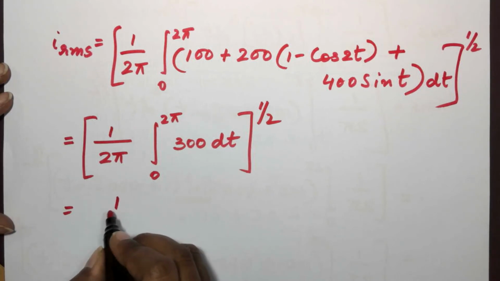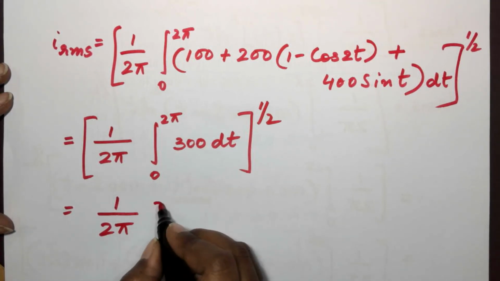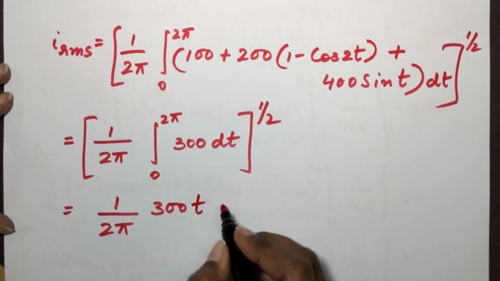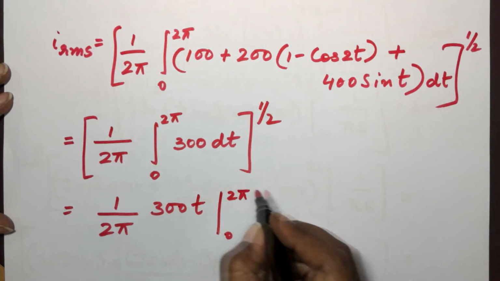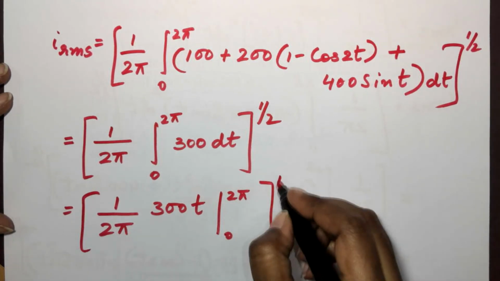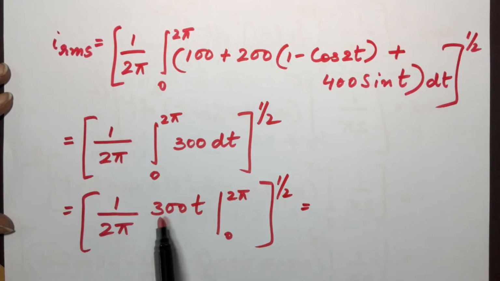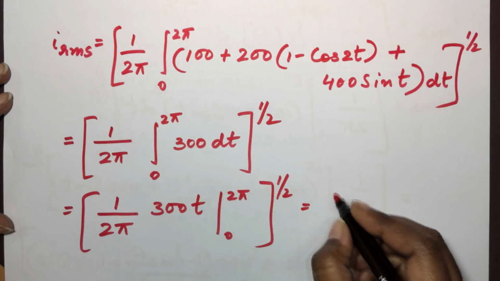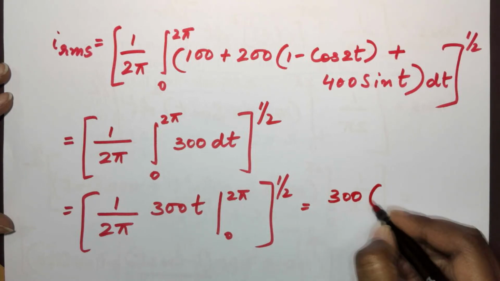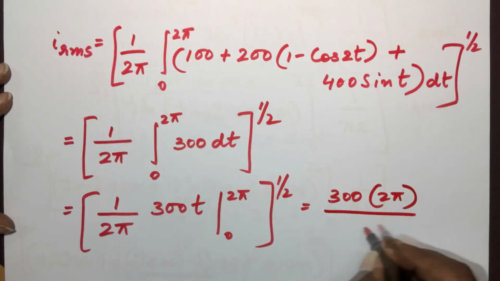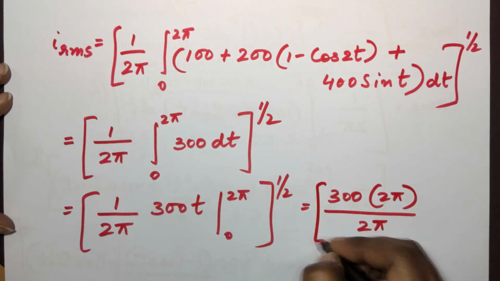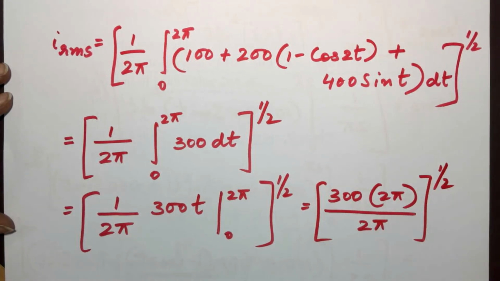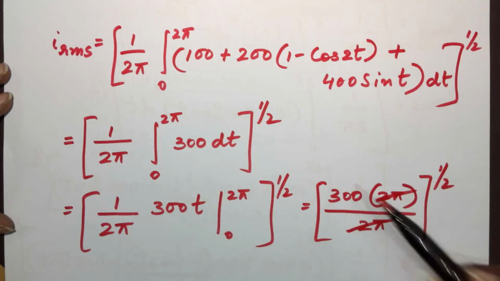Now let's further solve this. 1 by 2 pi, 300 t from 0 to 2 pi, and the whole thing under root. So that's 300 divided by 2 pi into 2 pi, isn't it? So that's 300 times 2 pi divided by 2 pi, to the power 1 by 2. So here 2 pi cancels out. We are left with only root 300.